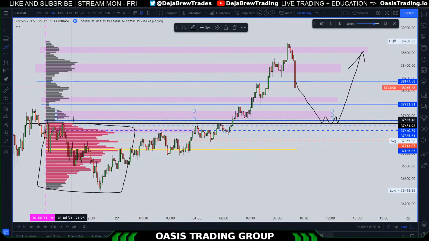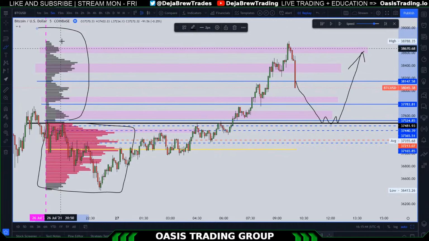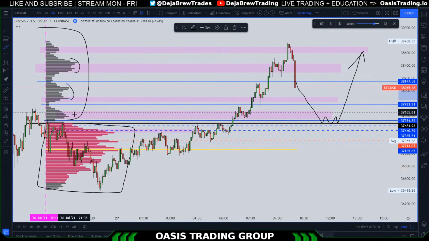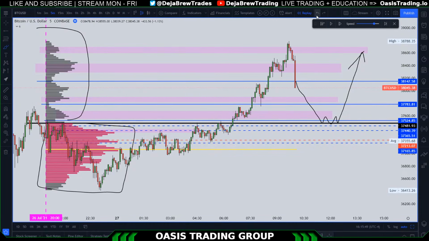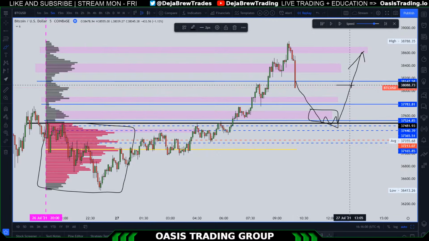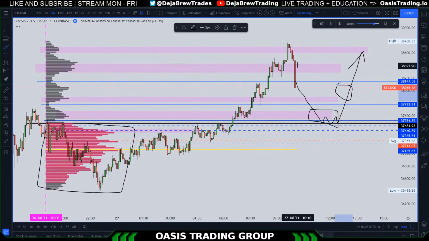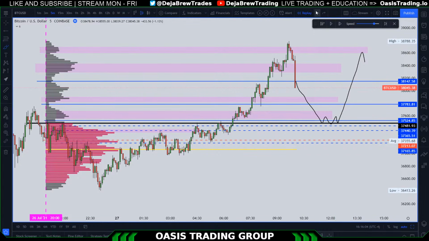We don't really have any value up here. We have some value building, but it hasn't shifted. If it comes all the way back down to the value area, but then it doesn't want to get back inside of it, that's telling you the buyers are now finding value higher, on a higher level.